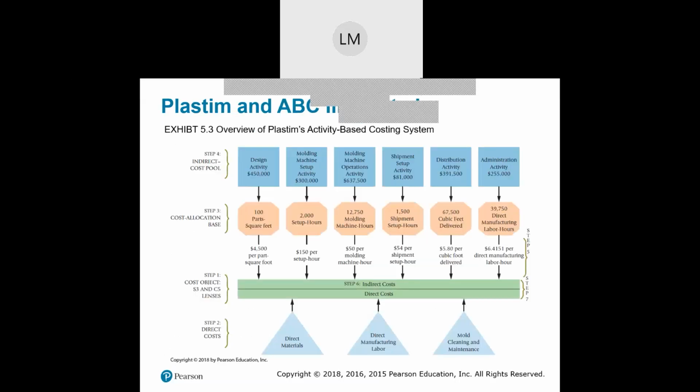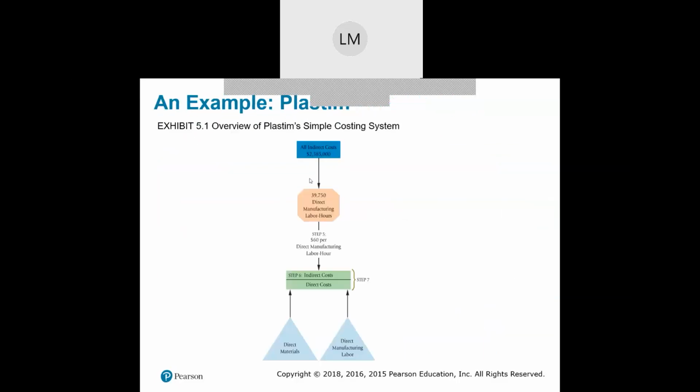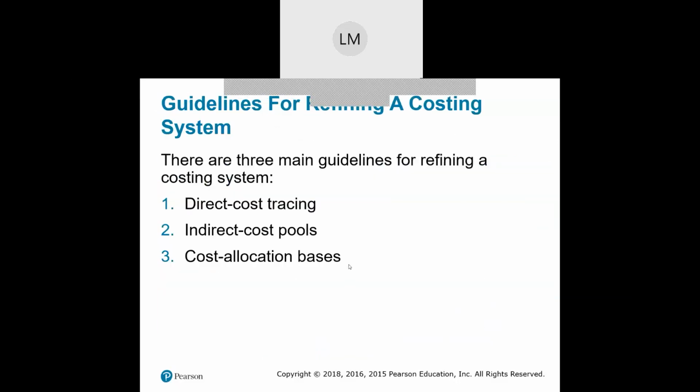So let's take a look at Plastim's activity-based costing system. When they're assessing an activity-based costing system, we now have more direct costs. Previously, and let's go back here, we only had direct materials and direct manufacturing labor costs with a simple costing system.